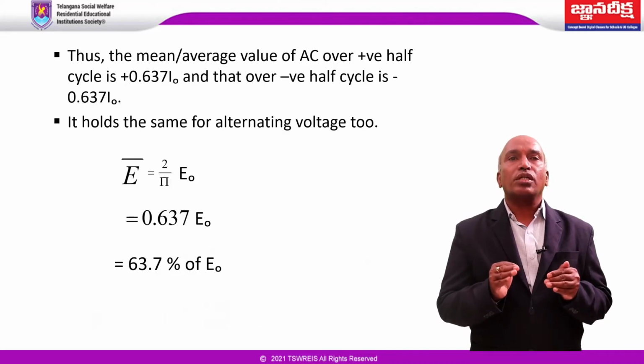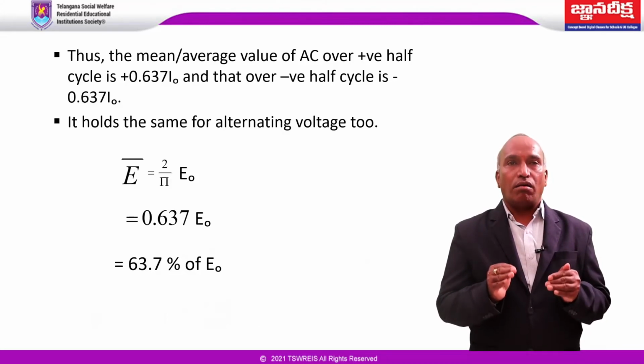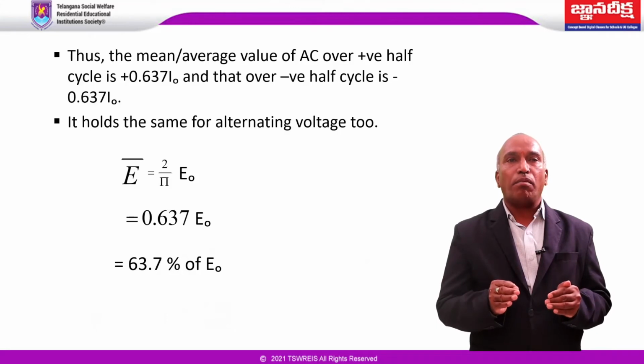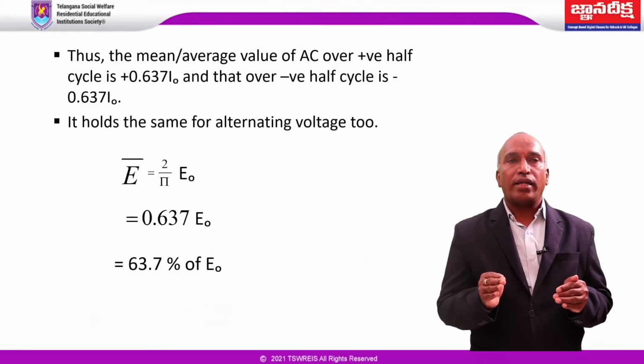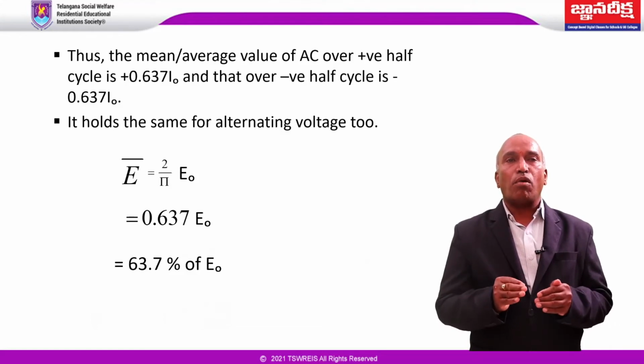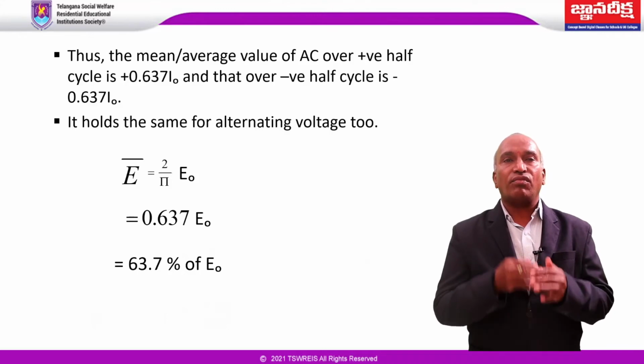It holds the same for alternating voltage too. So, average alternating voltage Ē = (2/π) E₀. That is equal to 0.637 E₀. That is equal to 63.7% of E₀.